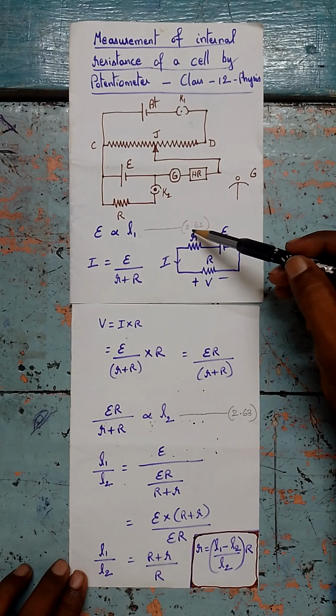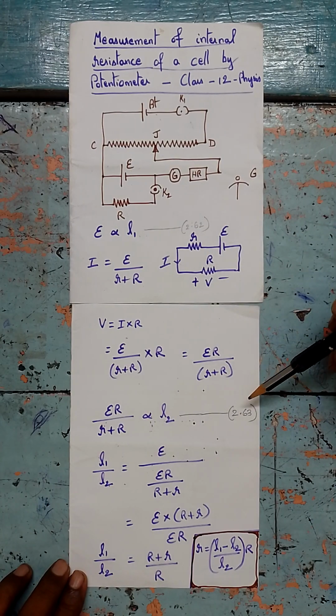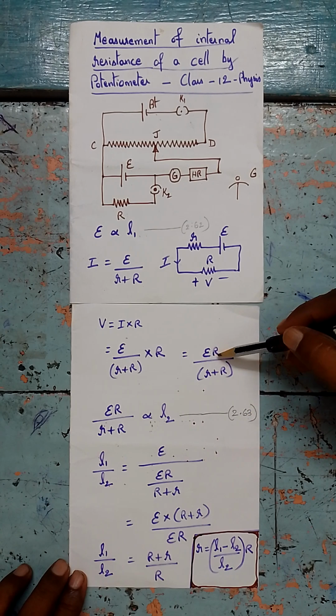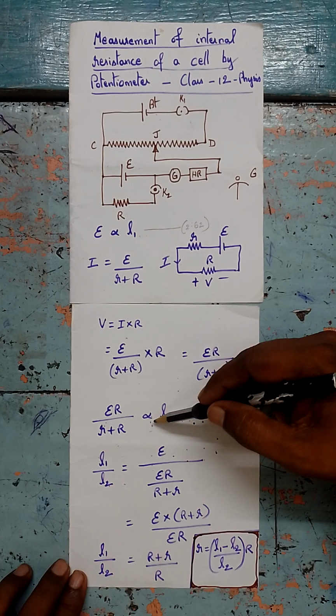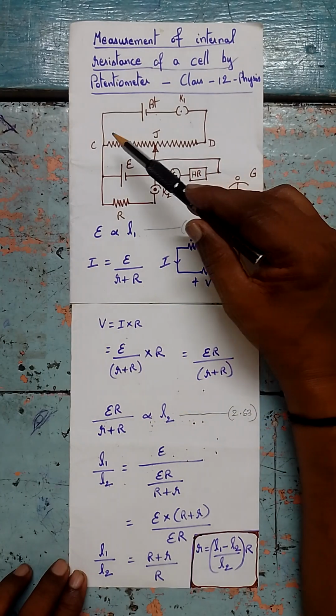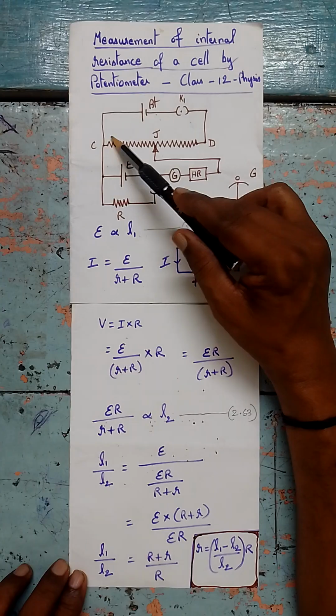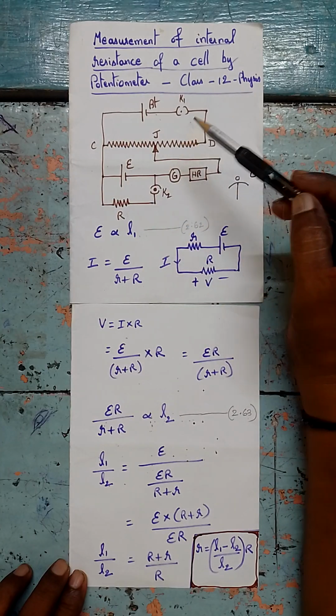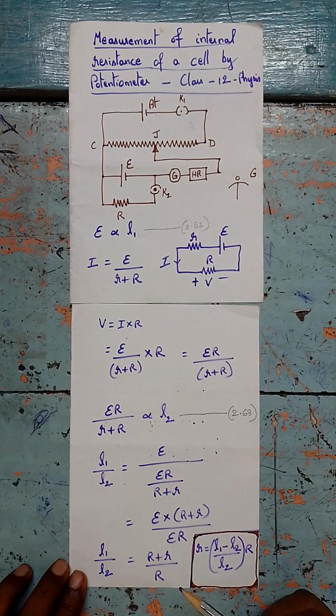Now this is equation 1 and this is equation 2, because ER by R plus r is balanced at a length L2. This L2 is also measured in the potentiometer because you have a meter scale attached to the potentiometer. Now you have two equations.